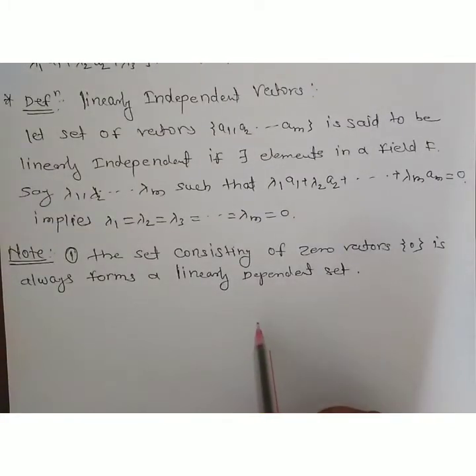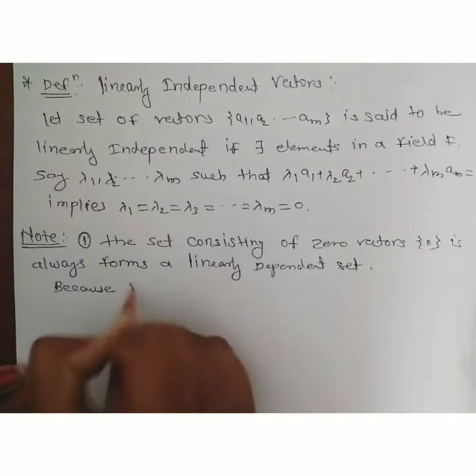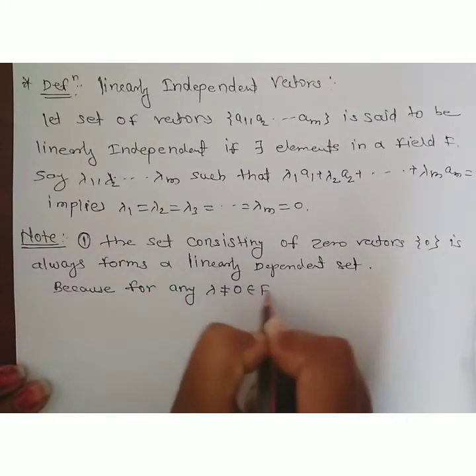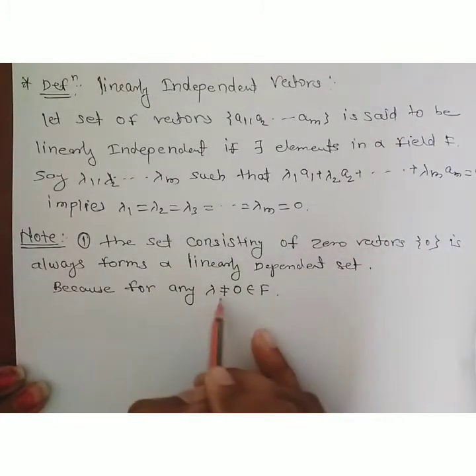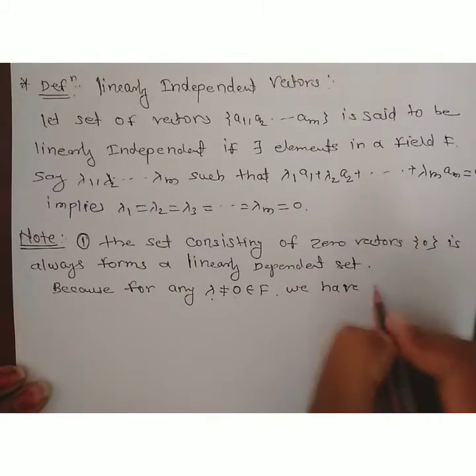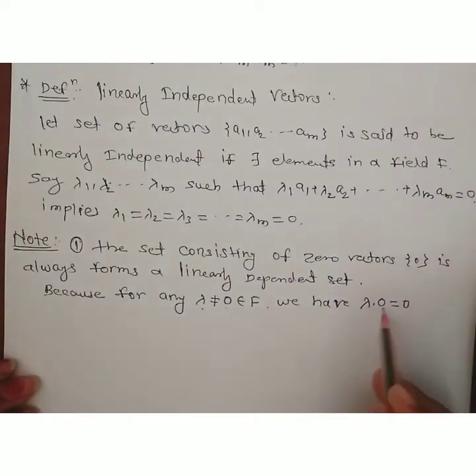Why is it linearly dependent? Because for any non-zero lambda belonging to field F, we have lambda times 0 equal to 0. We know that if you multiply 0 by any non-zero element, the result is 0.